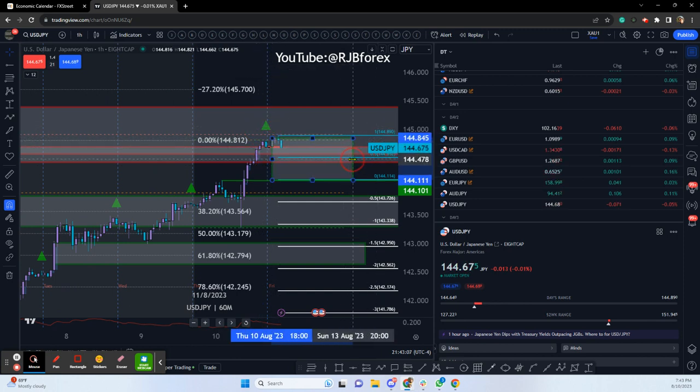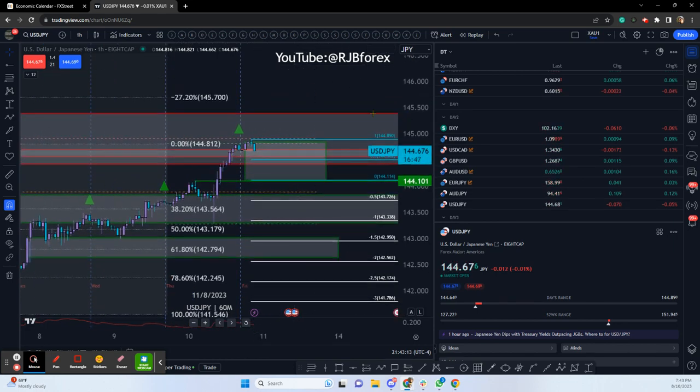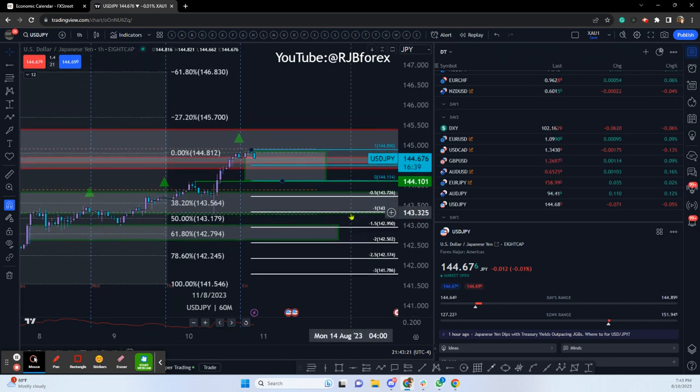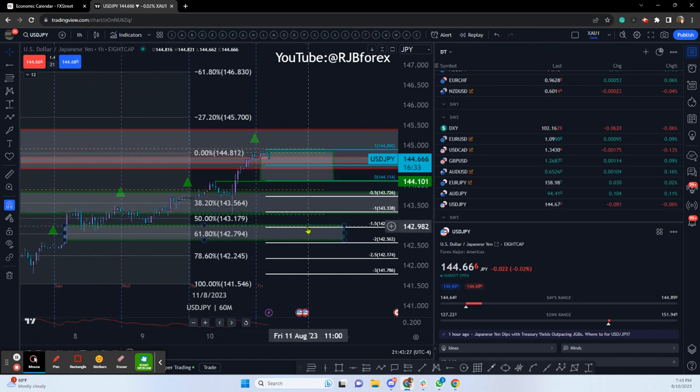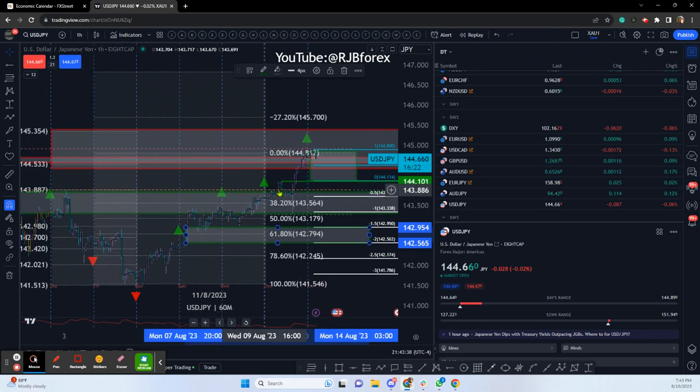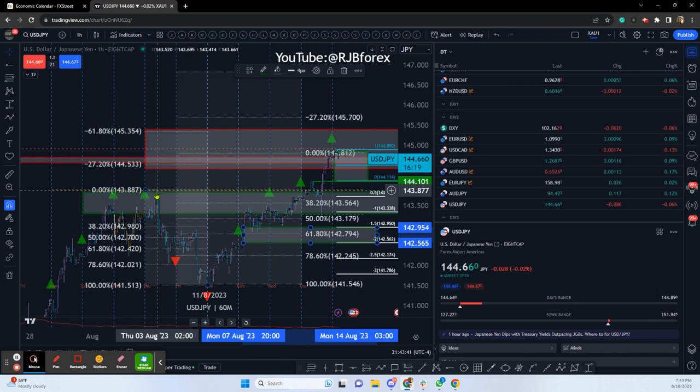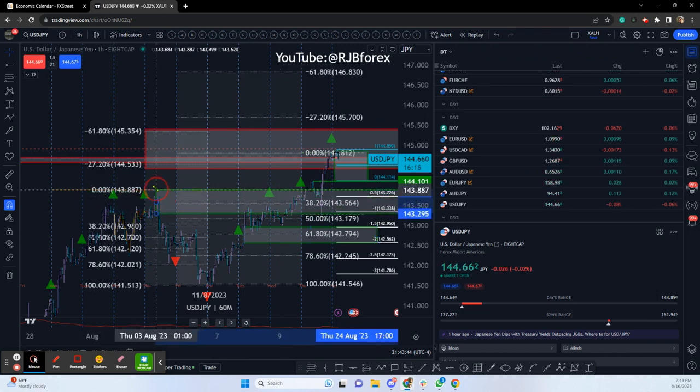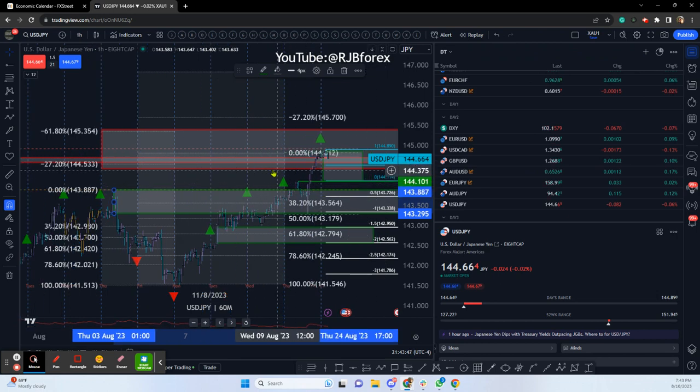Therefore, if we do consolidate and break out to the downside in line with the bearish thesis, and measuring this box, we can get a 100% measurement of the range to come in, or a 150 or a 200%, lining up with this prior high and last week's high.